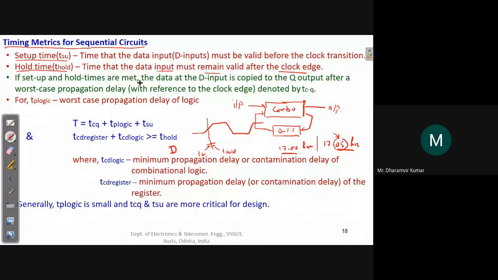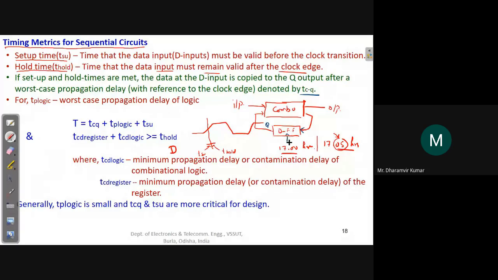If setup and hold times are met, the data at the D input is copied to the Q output after a worst case propagation delay with reference to the clock edge, denoted by TCQ. Remember, look at here. This is the D flip flop, and if setup and hold times are met, then this D input would be transferred to the output Q of this D flip flop.